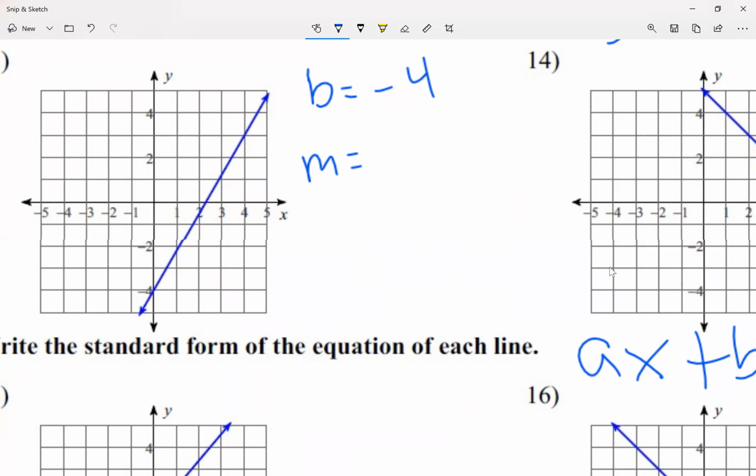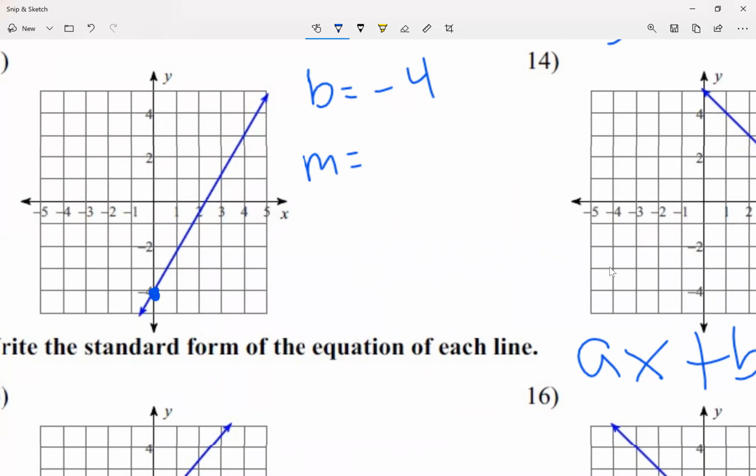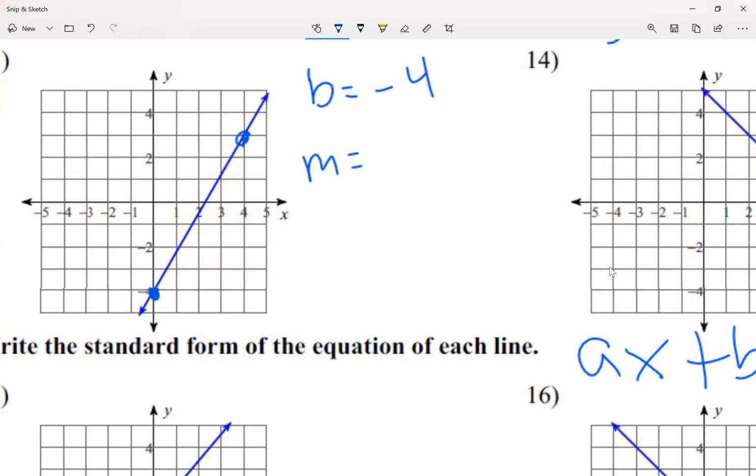For the slope, I need to know how to move, so I'm going to use 2 points. I'm going to use points where I can see the coordinates. I can use that point and this other point. Let me move from one point to the other. It doesn't matter which point you start from.